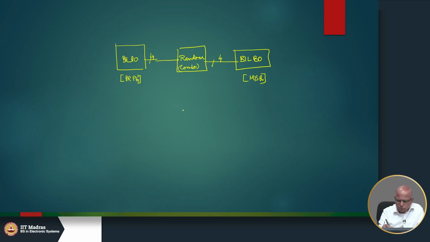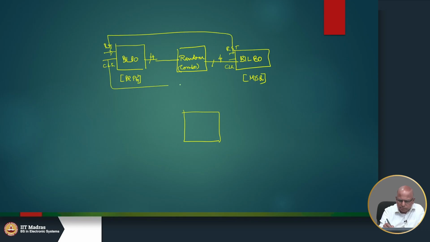See, suppose this was a sequential circuit. Of course, I did not show you the reset and clock, then this has a reset and clock. These resets are connected and these clocks are also connected.